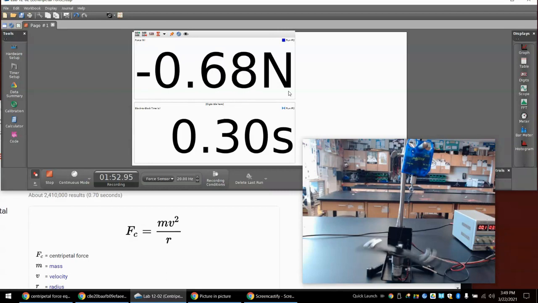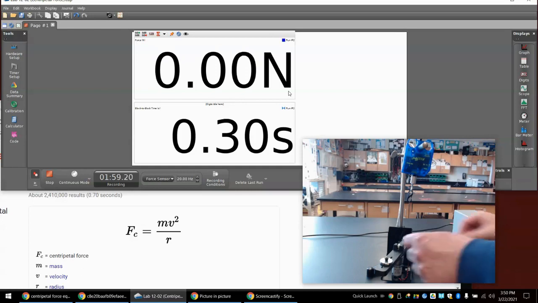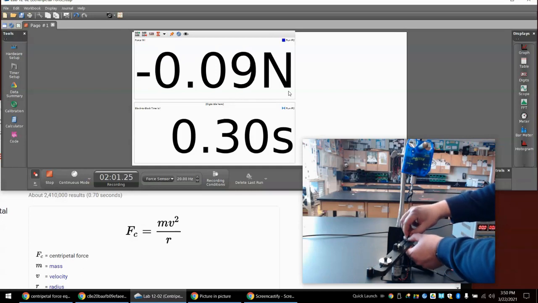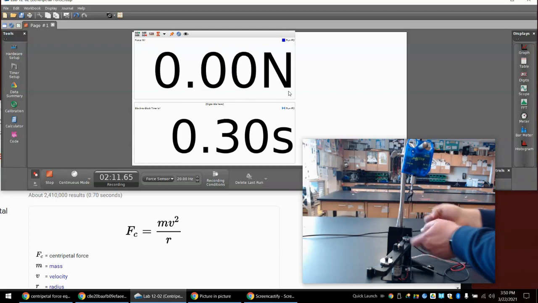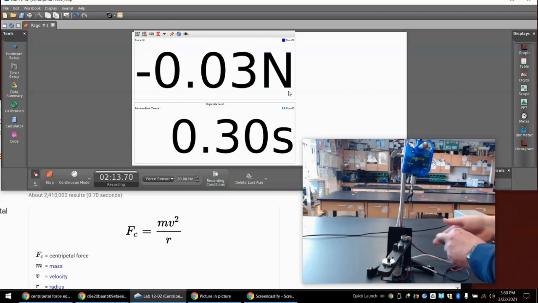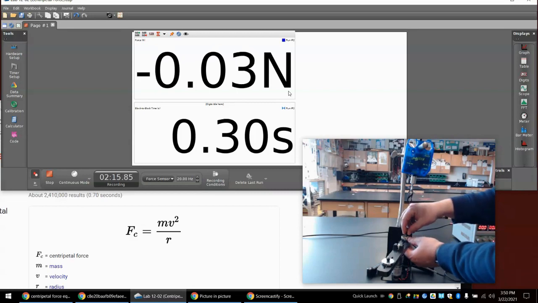What I'm going to do now is stop it. We're not changing the length of the string, not moving this. I'm just going to add extra mass on here. We went from 10 grams to 30 grams.